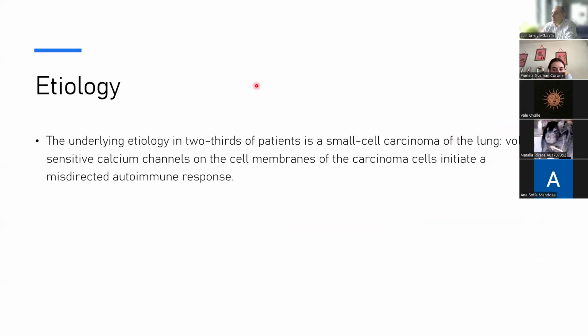These patients basically are the result of small cell carcinoma of the lung, since they have similar voltage-sensitive calcium channels on the cell membranes of the carcinoma. So the immune response is recognizing these calcium channels and starts to produce antibodies for them.